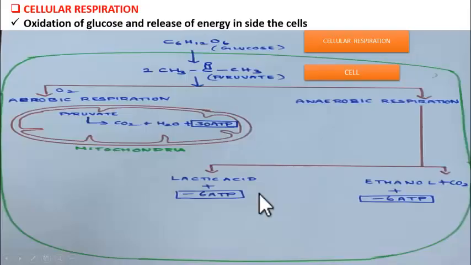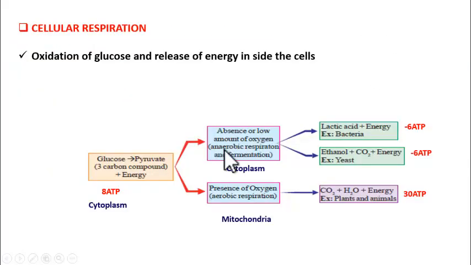So students, once again go to this slide. See here, I said cellular respiration occurs in two ways, aerobic and anaerobic. Anaerobic is seen in bacteria and yeast, and aerobic in plants and animals.